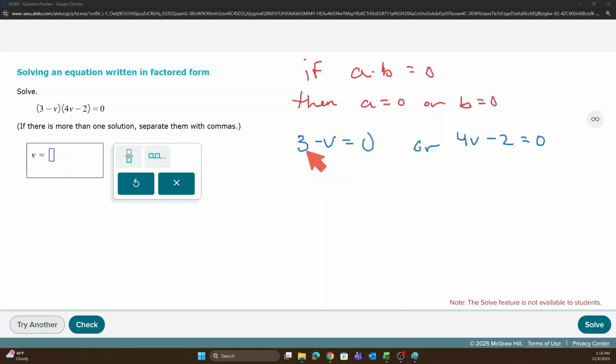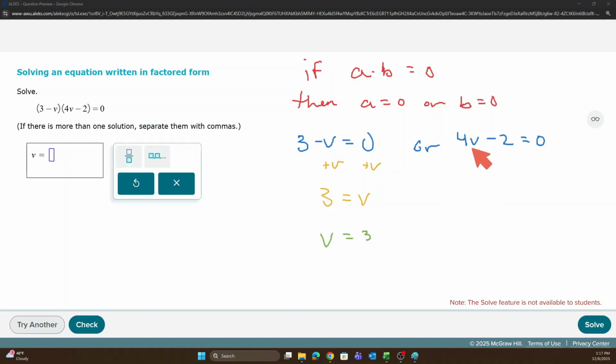If the first one's true, we want to add v to both sides. And we get v equals 3, or I guess if you want to be exact as what's written here, 3 equals v. And then that simplifies, or we'll end up writing that as just v equals 3.